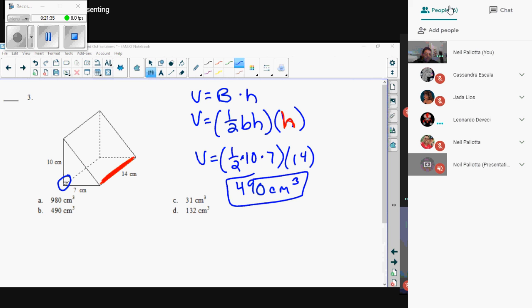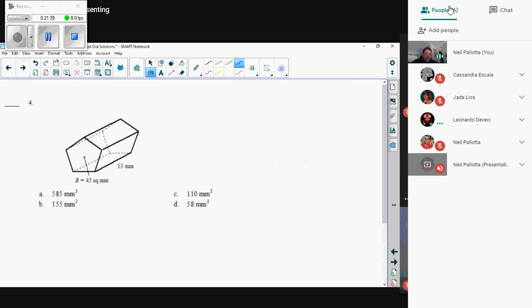All right? And then it was funny. I got a message from one of the kids asking about number 4. Mr. Pilata, I don't understand problem 4, and it's so funny because it's actually the easiest problem out of all of them. All right, volume is going to be base area times the height, right? So if you look at that, Leo, what's the base area?